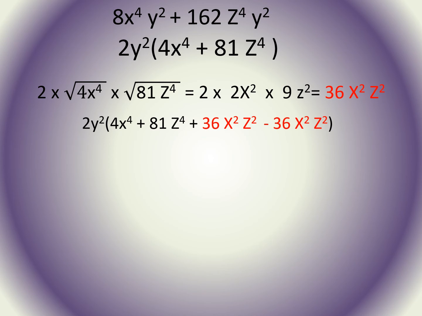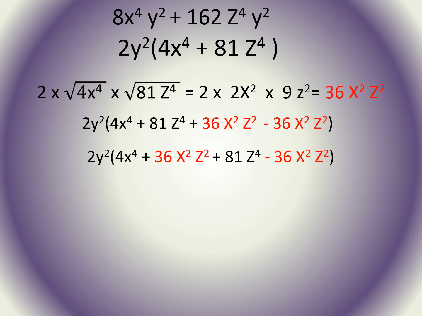Now we will put it in the form of a perfect square trinomial minus a perfect square monomial, like this. Now we will put it in the form of difference between two squares, like this.